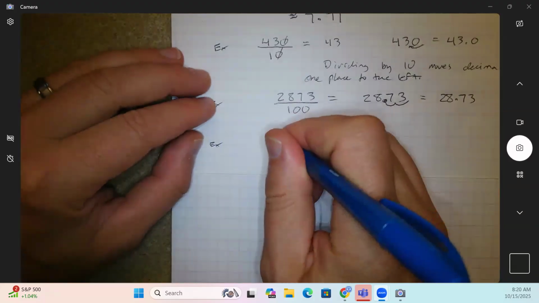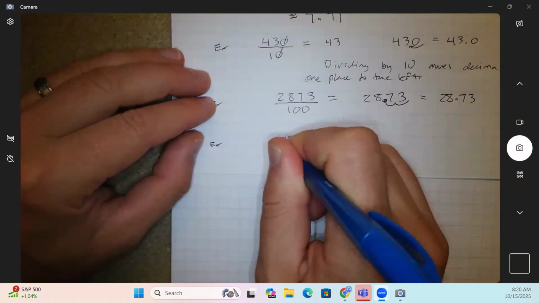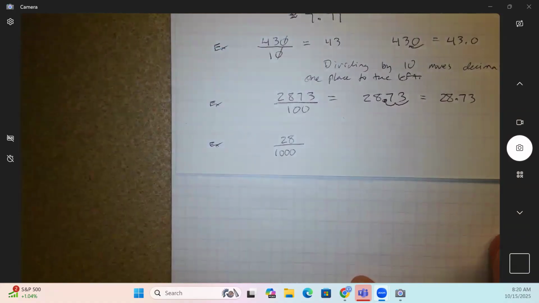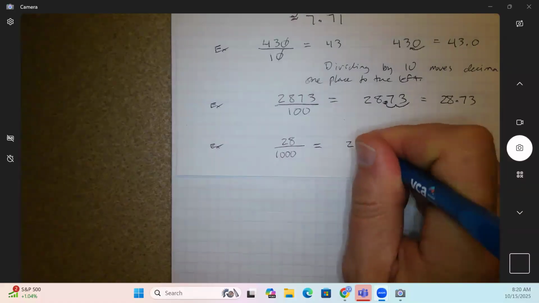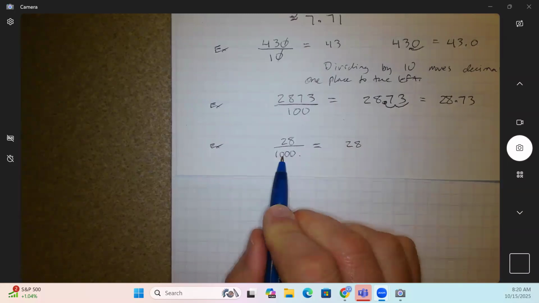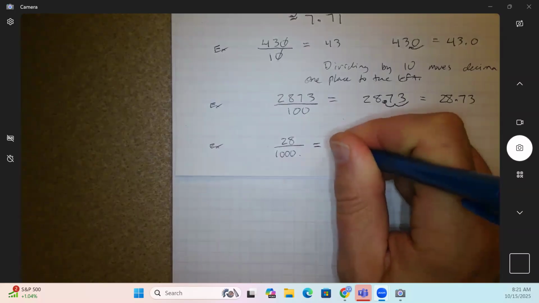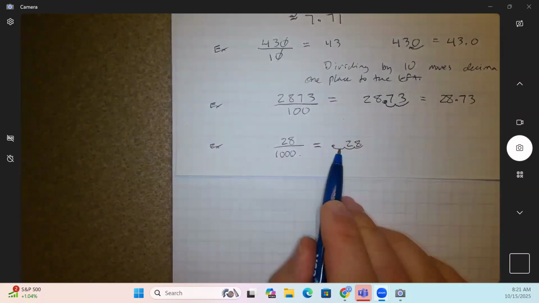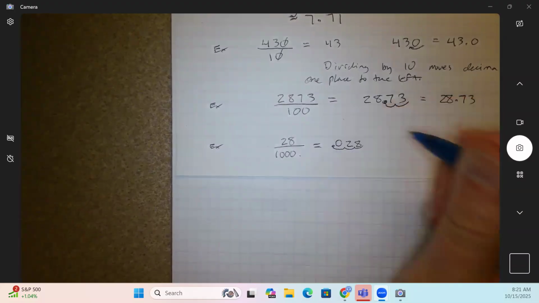What about 28 divided by 1,000? Well, 1, 2, 3 zeros means I move 1, 2, 3 decimal places, but there's a blank space here. I just fill it with a 0.